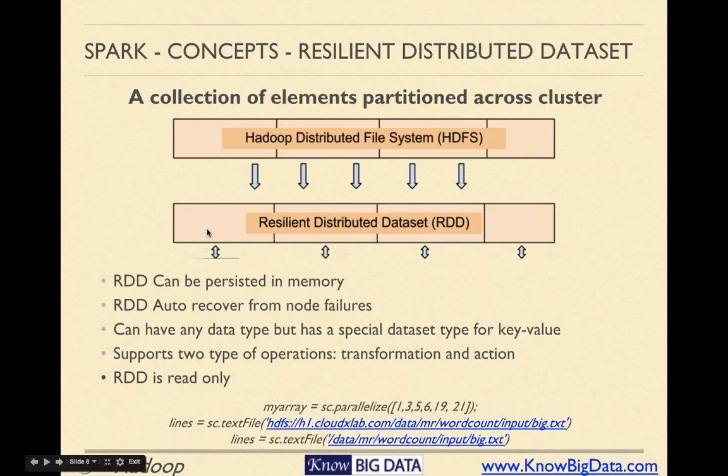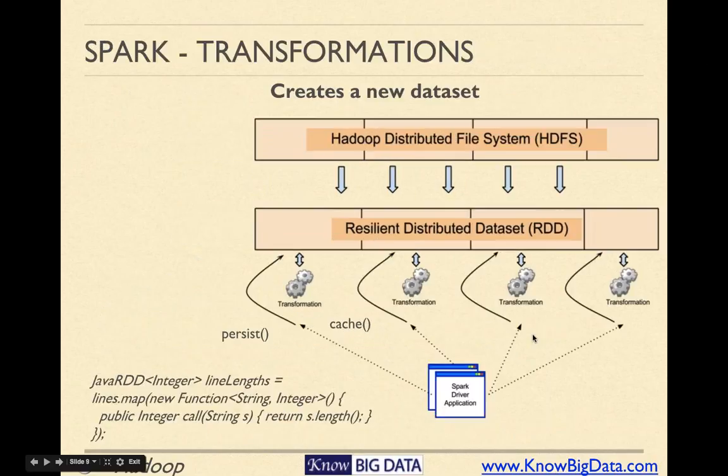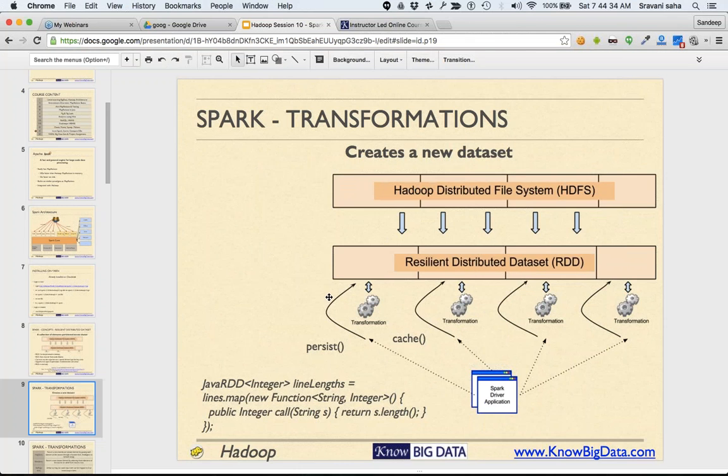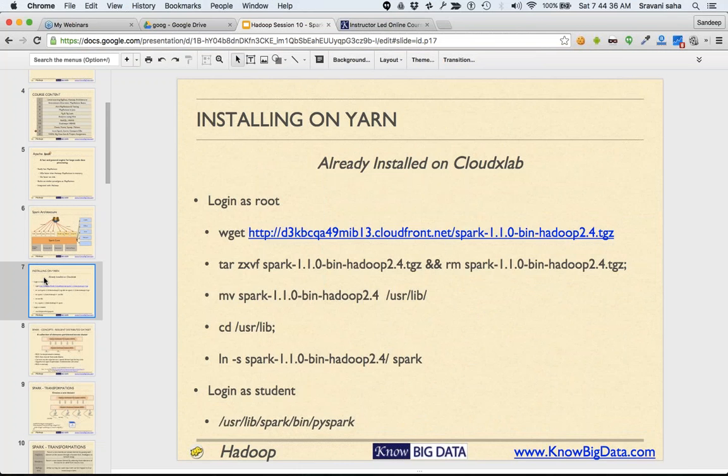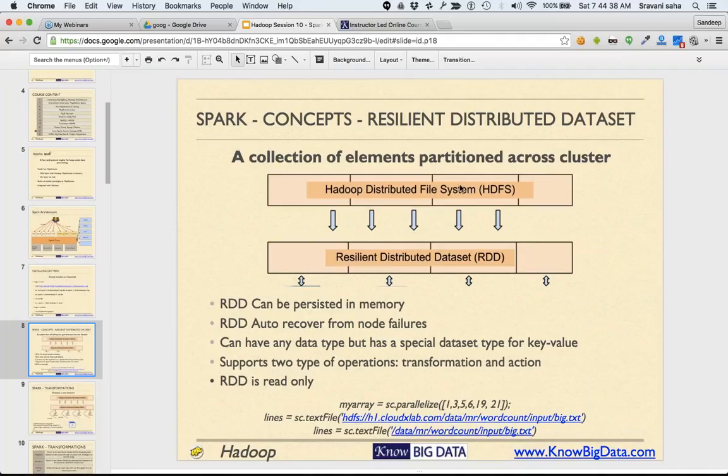So imagine these are partitions. How many partitions are there right now? Quickly, anyone? Correct, Biswa. It has four partitions right now.